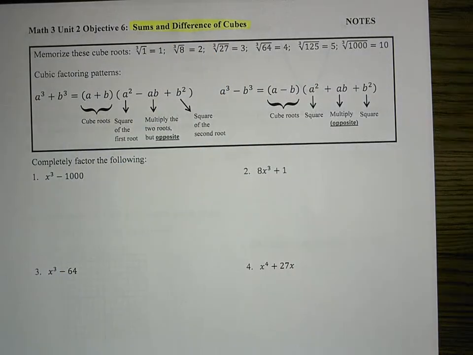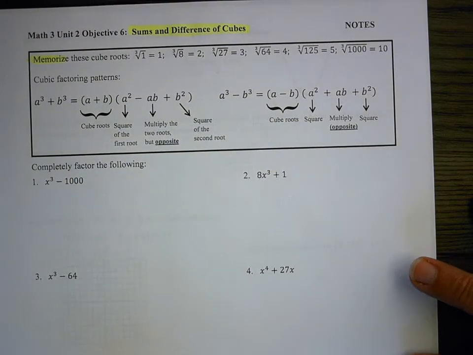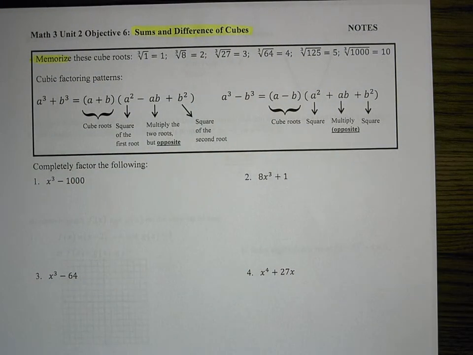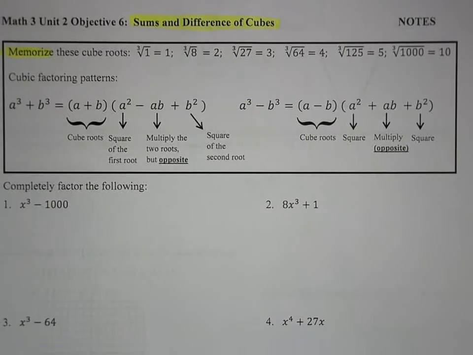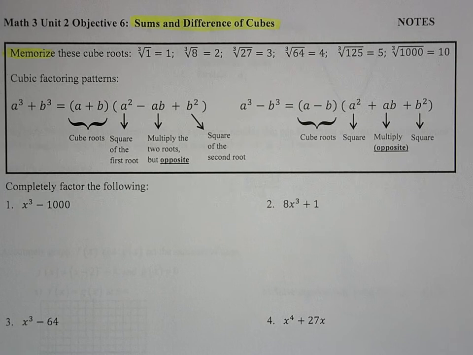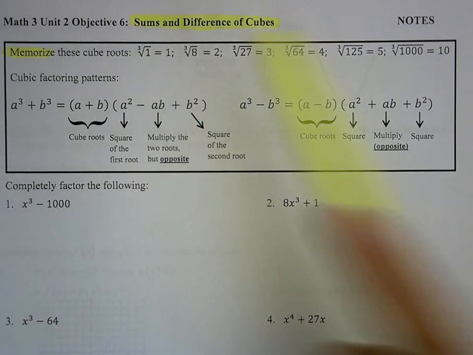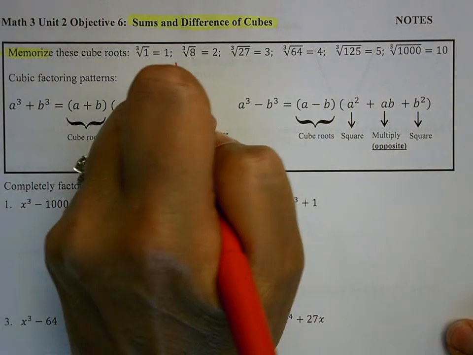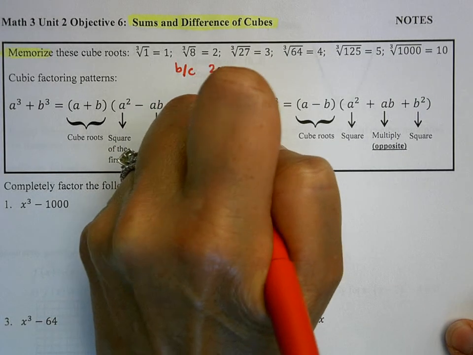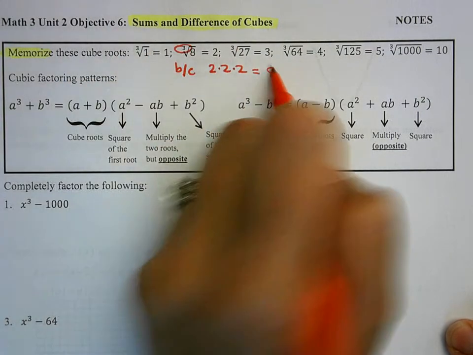Okay, so in order for us to do that, we need to make sure that we take the time to memorize some cube roots, or at least have the ability to figure that out via our calculator, right? For example, the cube root of 8 is equal to 2, because if I multiply 2 by itself 3 times, because it's a cube root, that would give me 8.